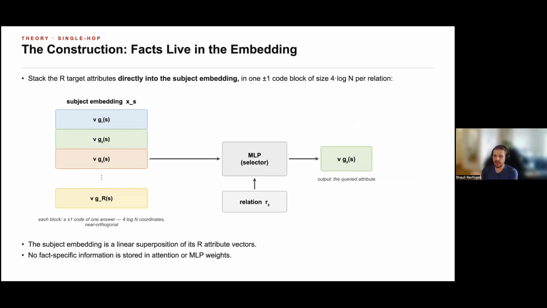We have R relations in total, so we are going to have R blocks within the embedding of each entity: one block for relation one, a second block for relation two, etc. Once we compose these vectors as a concatenation of many components, the MLP is not going to store the information. It's just going to read the particular relation that we are asking about, choose this particular set of coordinates from the embedding of the entity, and get them as the answer. So the MLP just selects the relevant information. It doesn't store anything, and that's why we can have a much smaller MLP.